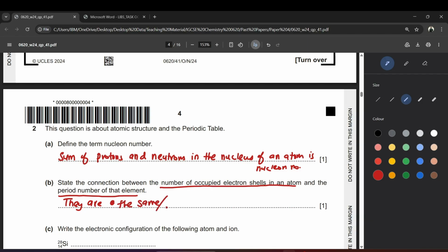Or if you want, you can write in a more formal way that period number represents the number of occupied electron shells.